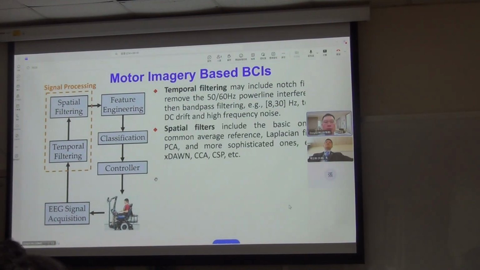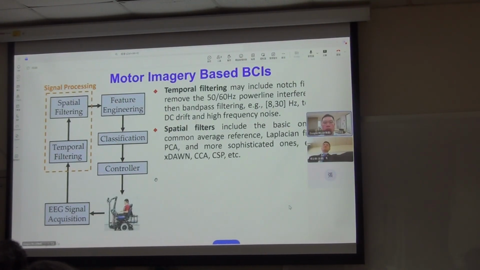After that, we need to perform spatial filtering, which is a very unique step for motor-imagery-based BCIs. Spatial filters include the basic ones, such as common average referencing, Laplacian filters, and principal component analysis, and also more sophisticated ones, such as independent component analysis, xDAWN, common spatial pattern, etc. Especially for motor-imagery-based BCIs, CSP, common spatial pattern filters, are very frequently used and they can achieve very good performance.